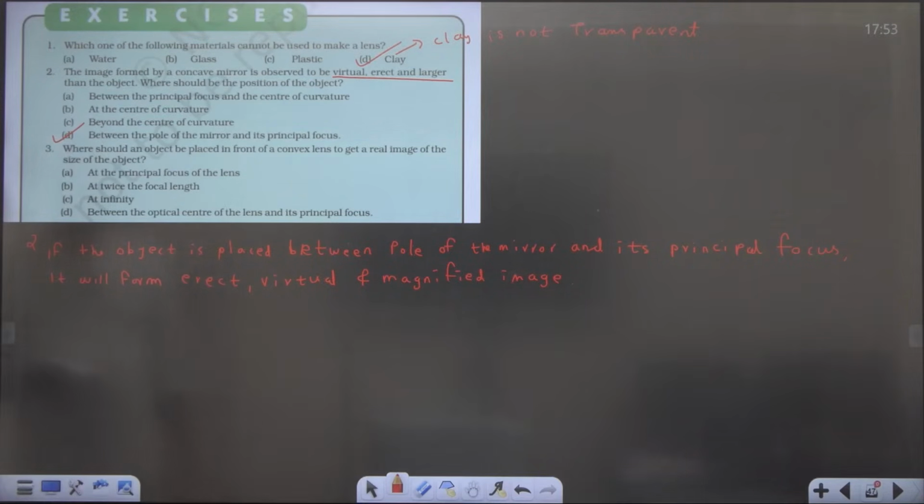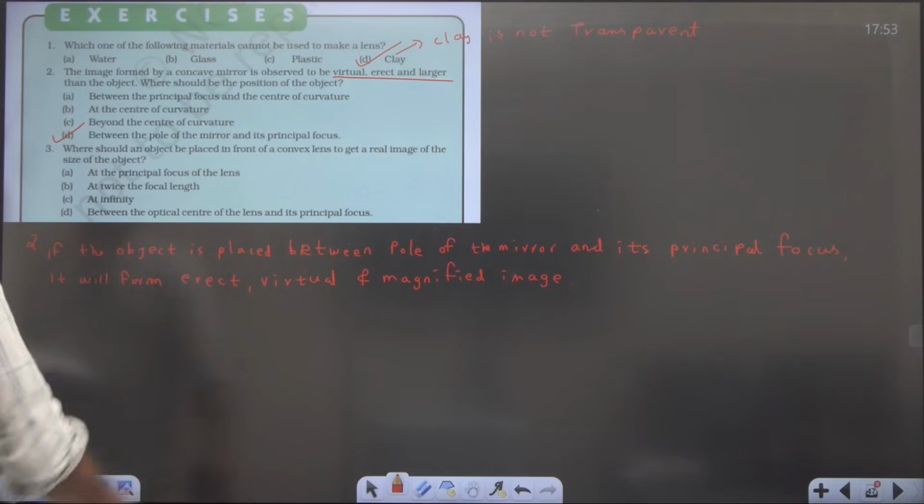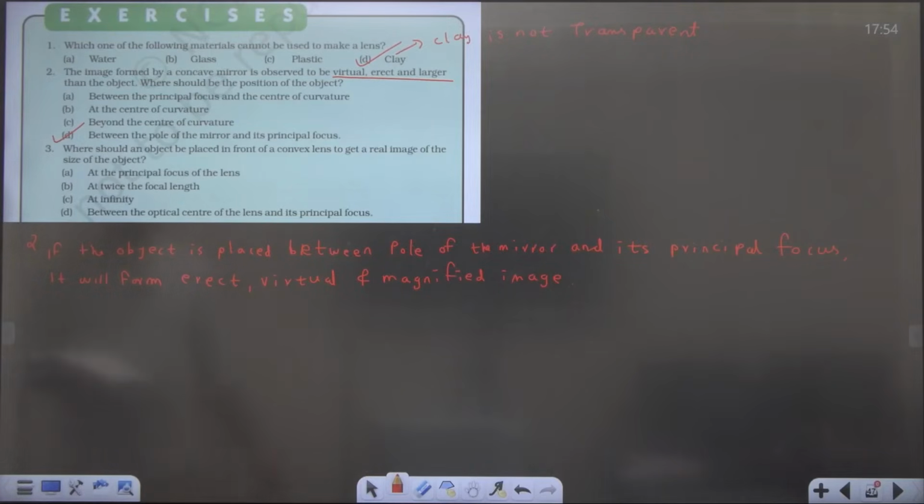Now, where should an object be placed in front of a convex lens to get a real image of the size of the object? See, object size and image size are both the same.